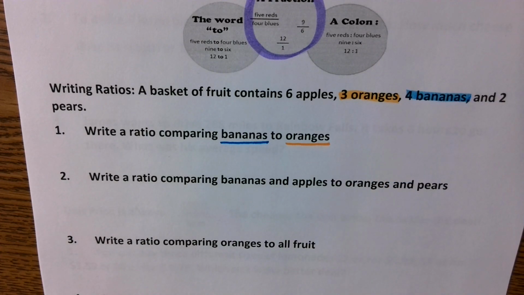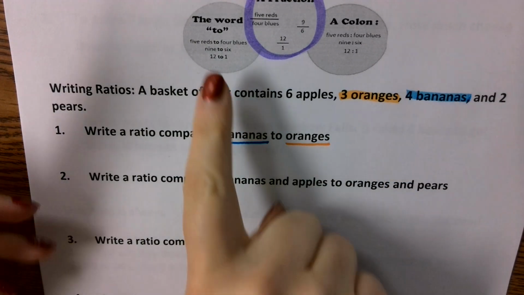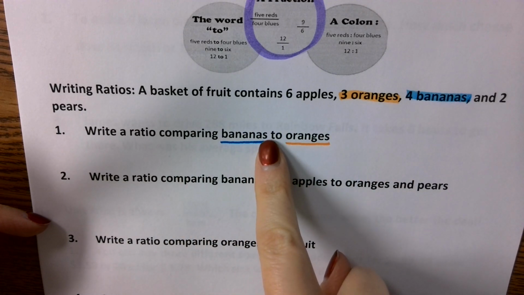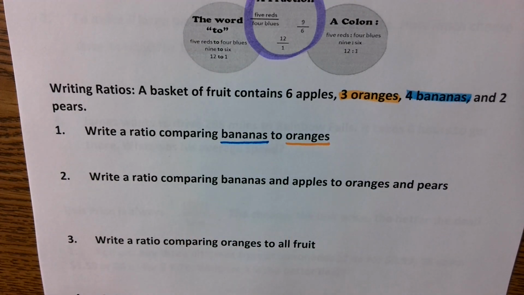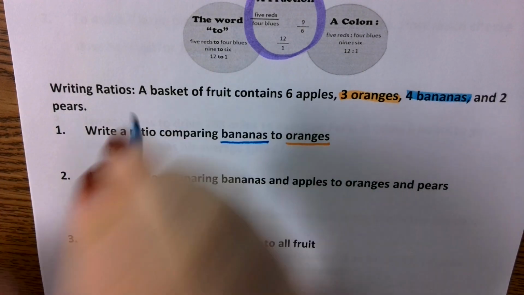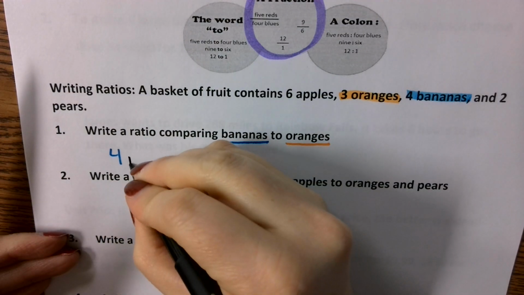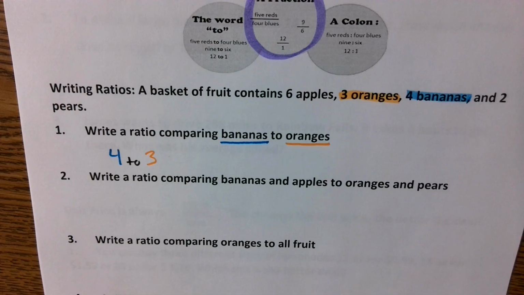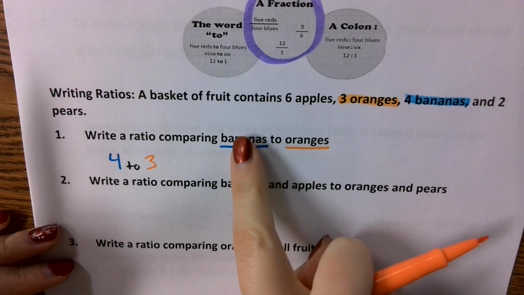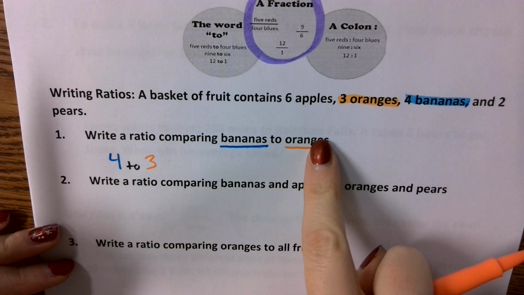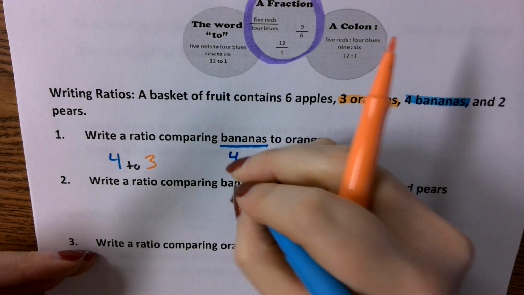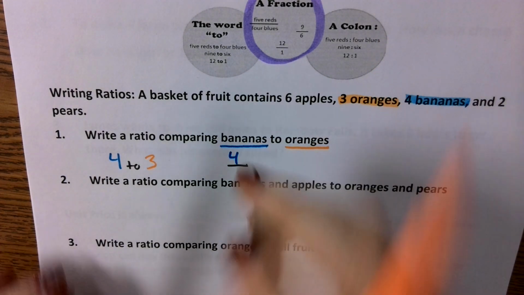So when I am creating my ratio, if I create it with the word to, it's going to be bananas to oranges. So we're going to have it with the value 4 to 3. If I'm writing it as a fraction, it's going to be bananas over oranges. So we would have 4 over 3.